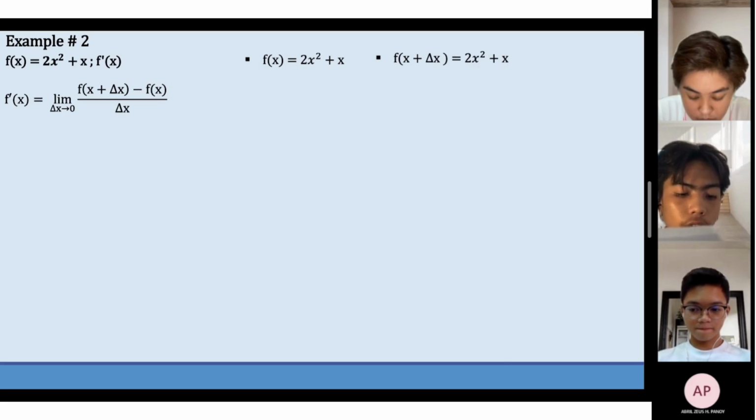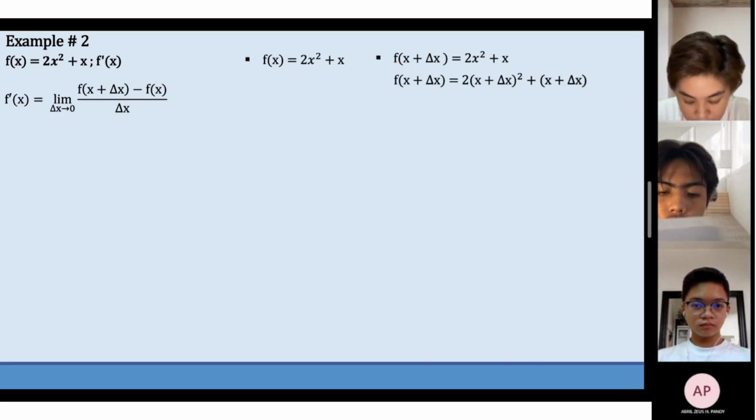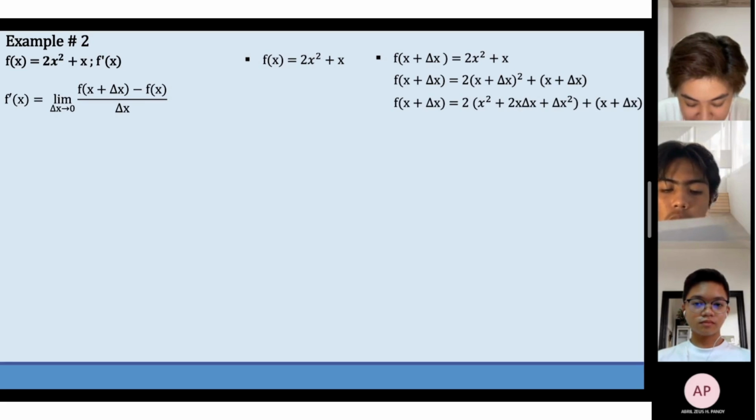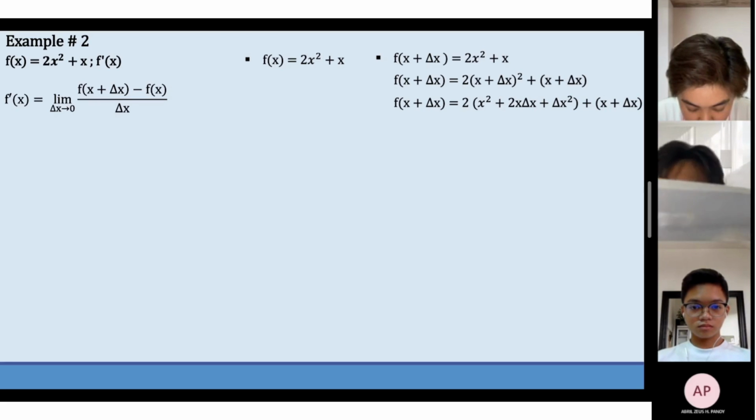Next, solve for f of x plus delta x, which is 2x squared plus x. Substitute x plus delta x to the function. So it is 2 times the quantity of x plus delta x squared, plus x plus delta x. First thing to do is expand x plus delta x squared. So x squared plus 2x delta x plus delta x squared, and copy x plus delta x.